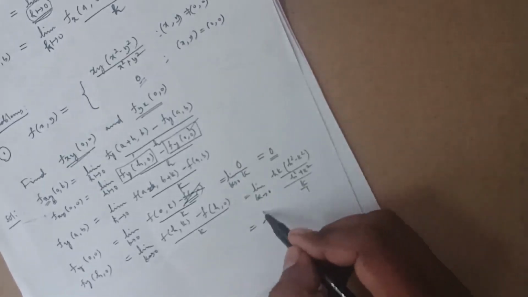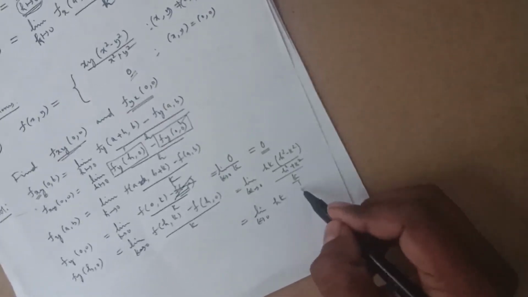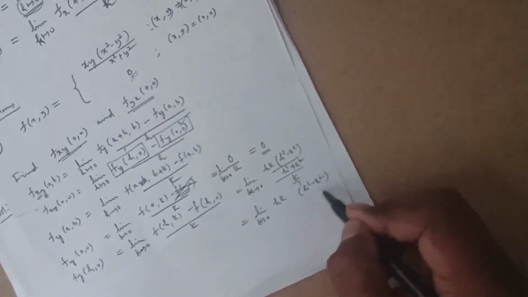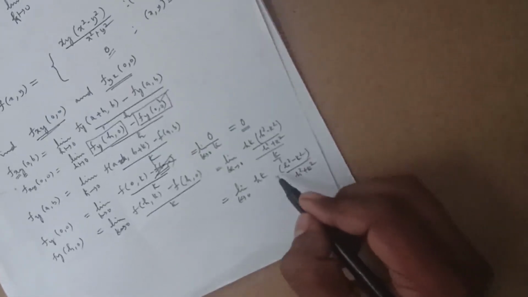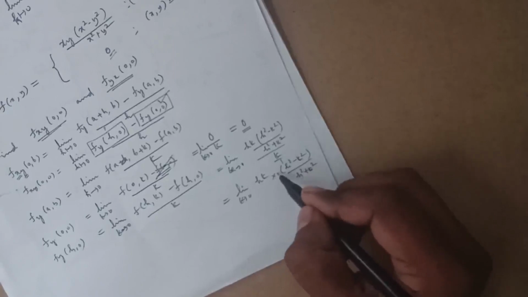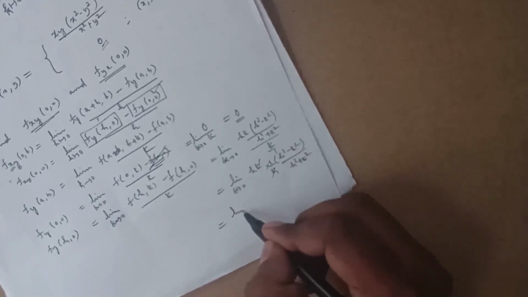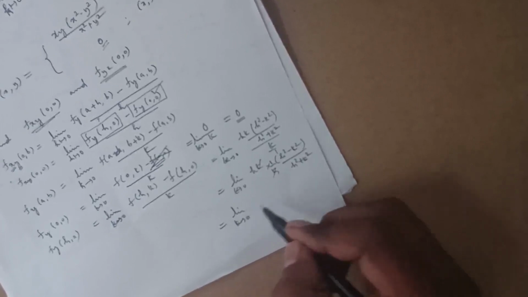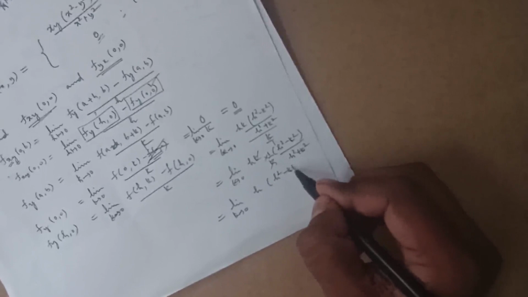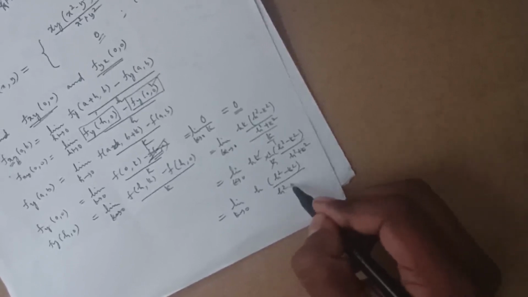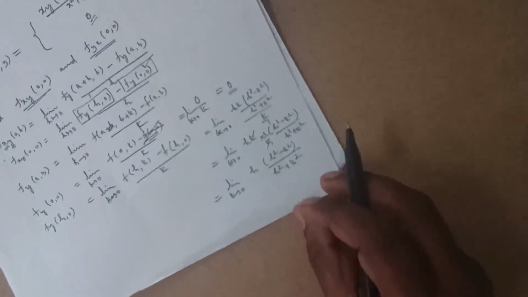So the limit as k tending to 0 of hk times h square minus k square by h square plus k square, into 1 by k. So you will get the limit as k tending to 0 of h times h square minus k square by h square plus k square. Idea is clear?